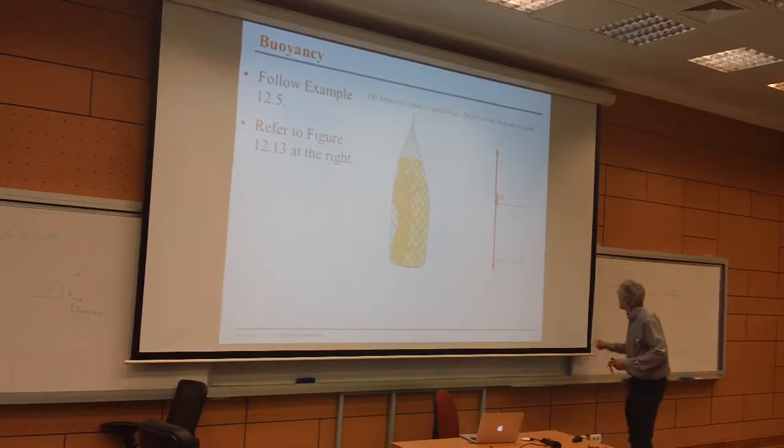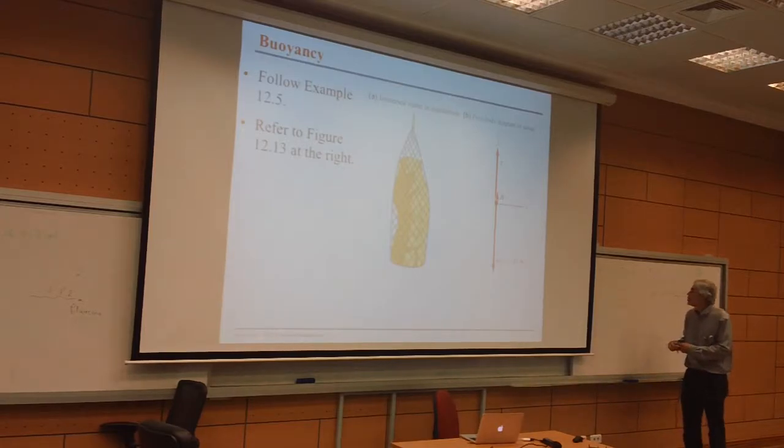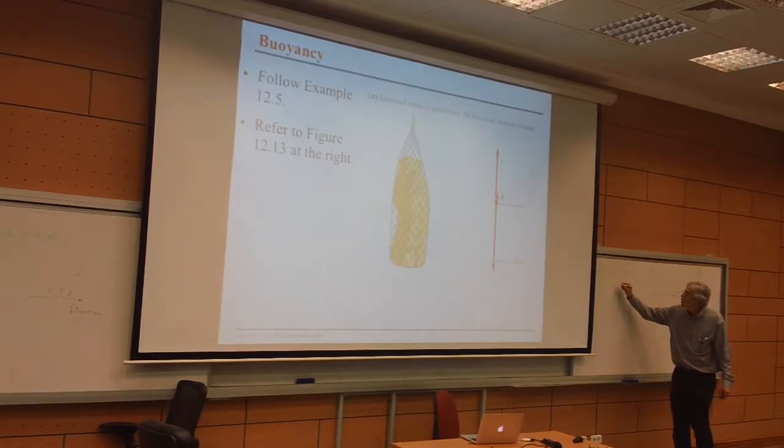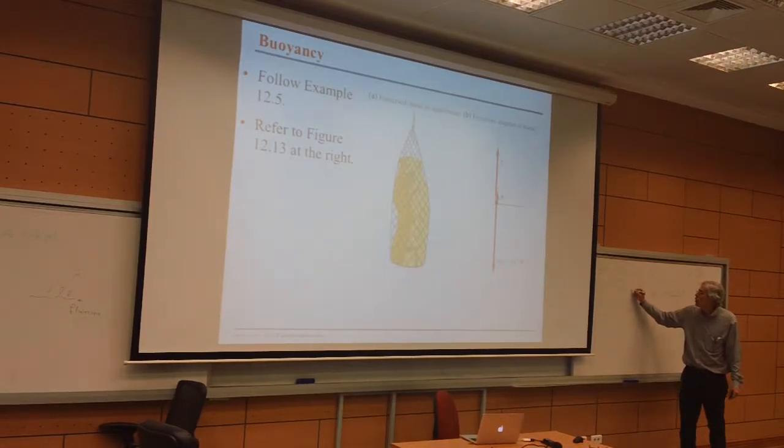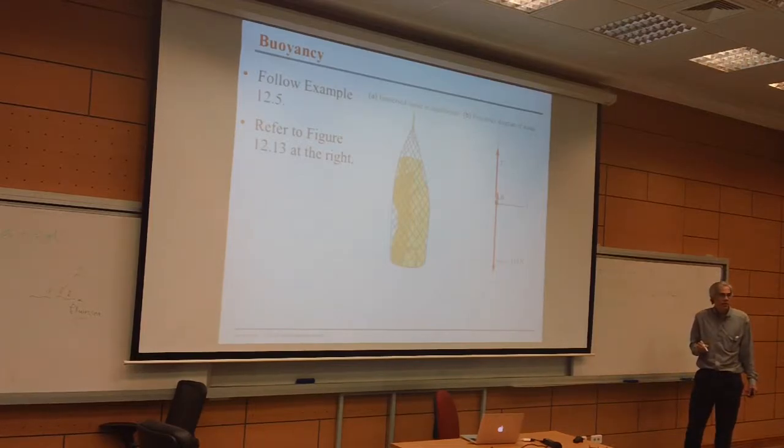Okay, and notice mg is going to be rho of gold times the volume of gold times g. So this is equal to rho of gold minus rho w times V times g. Right? Right.